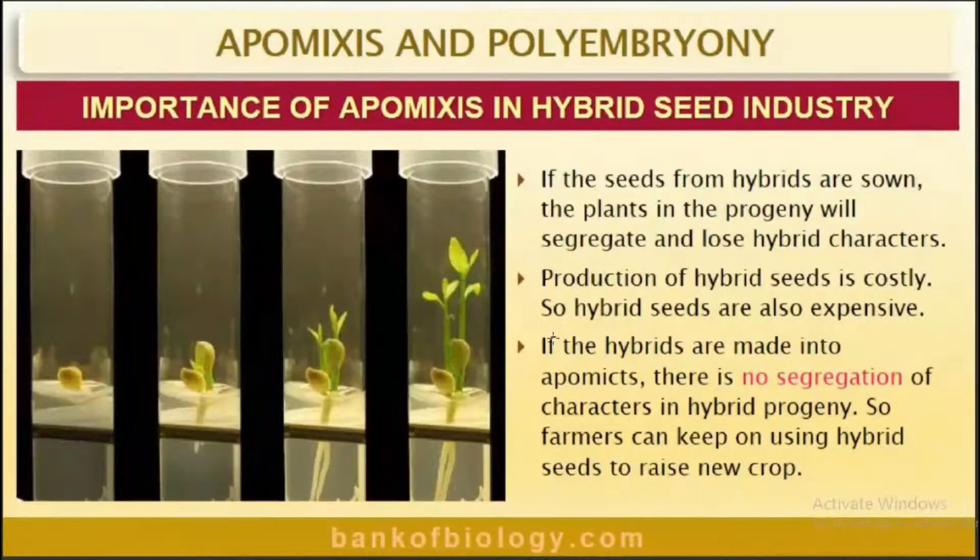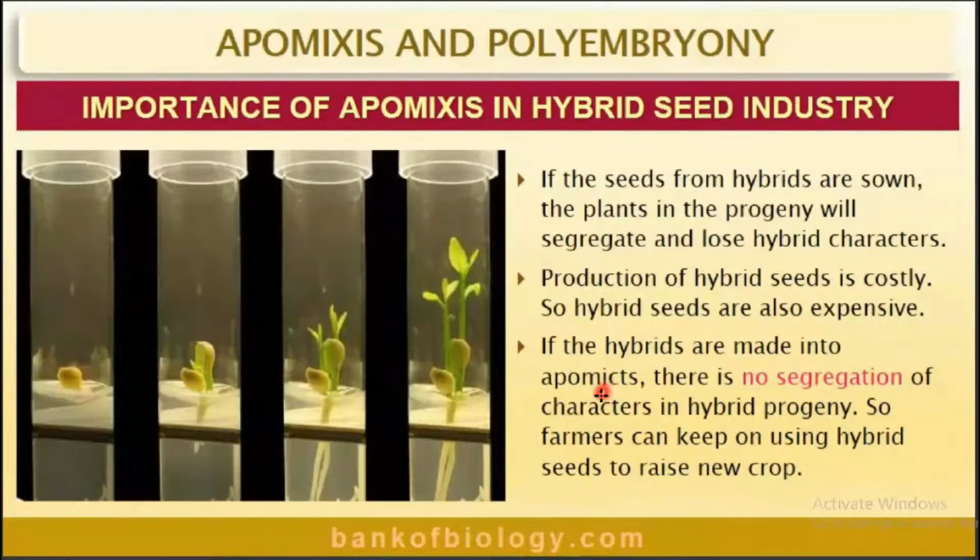See, if the hybrids are made into apomictic, there is no segregation of characters in hybrid progeny. So farmers can keep on using hybrid seeds to raise new crop.